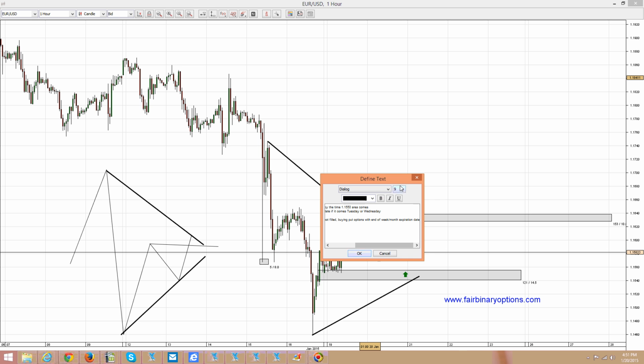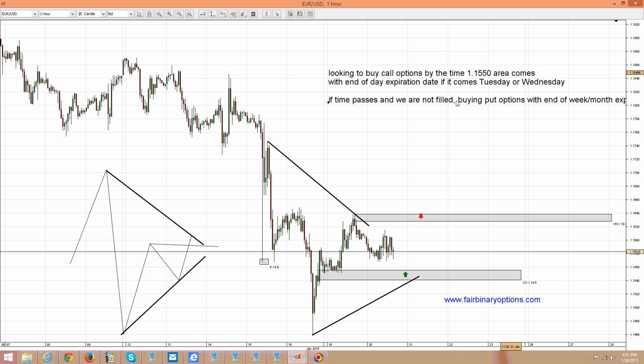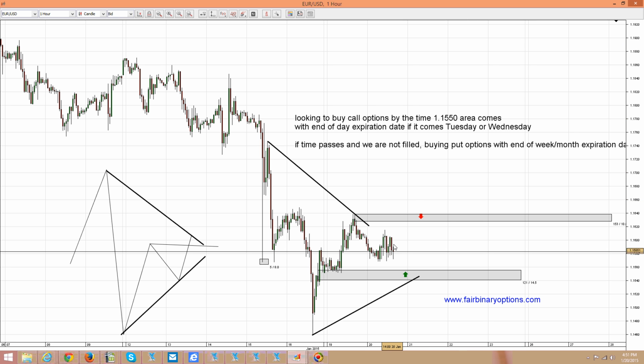For whatever the reason, if the market is still forming this consolidation area, this triangle, and is jumping to the upside into this area here, this would be a nice place to buy put options as well.